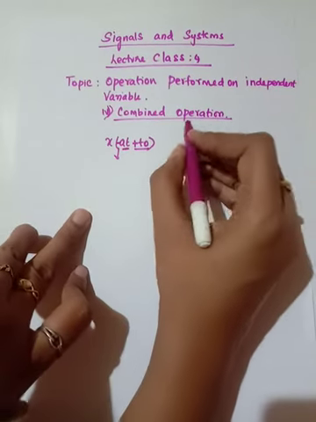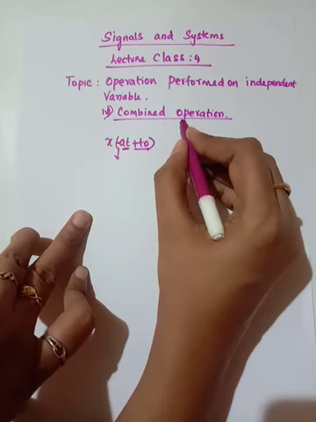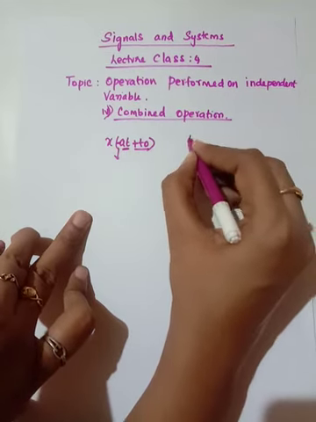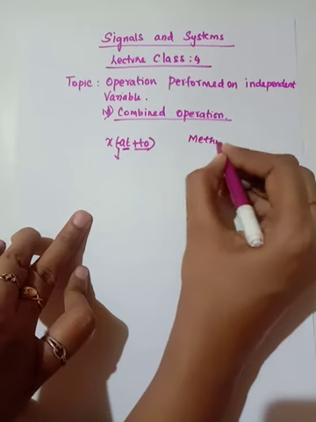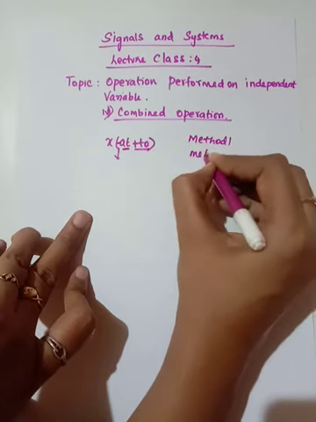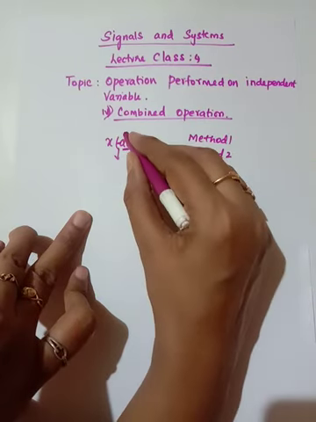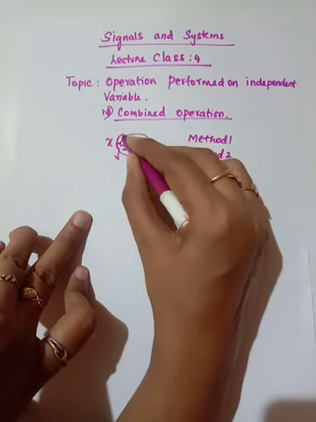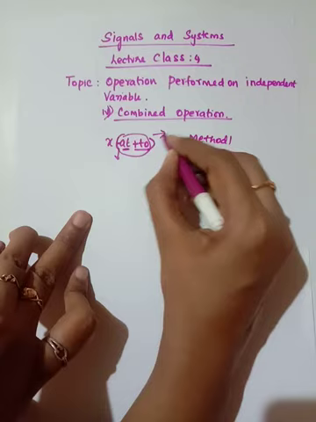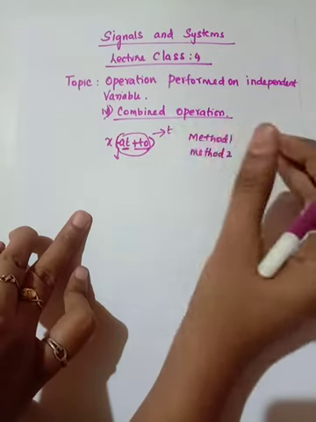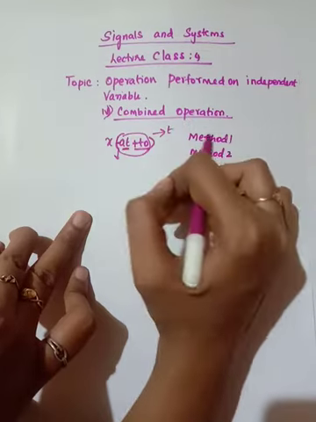Here in this combined operation we can proceed using two methods as usual, method 1 and method 2. Method 1 deals with substituting the value we have inside in place of t, then simplifying that expression and drawing the sketch.